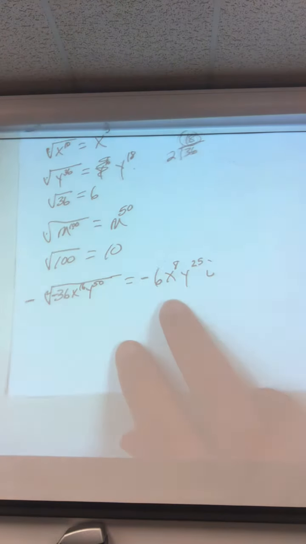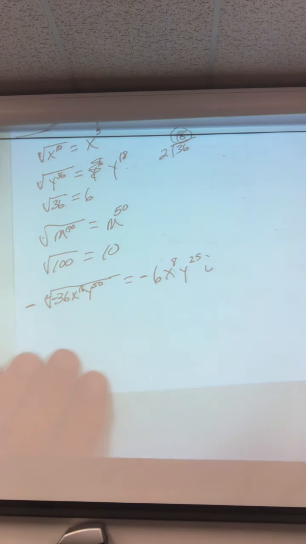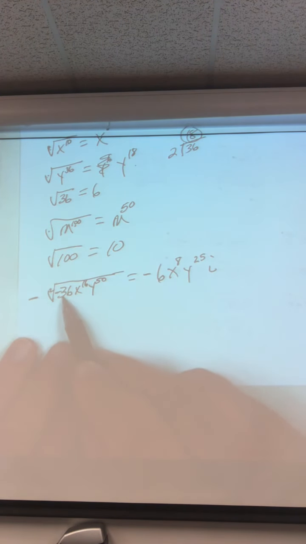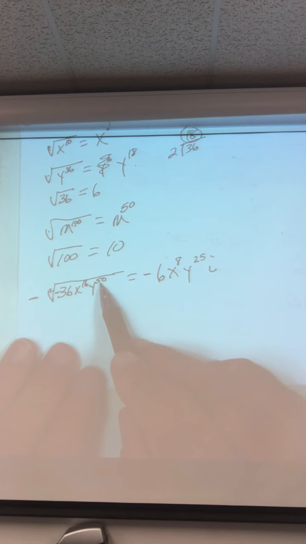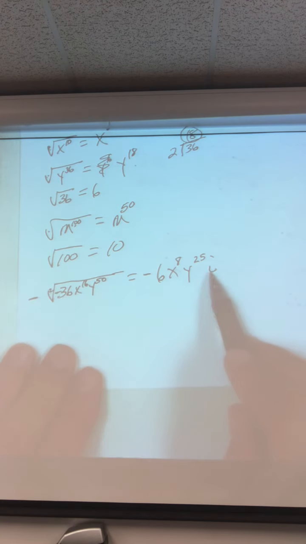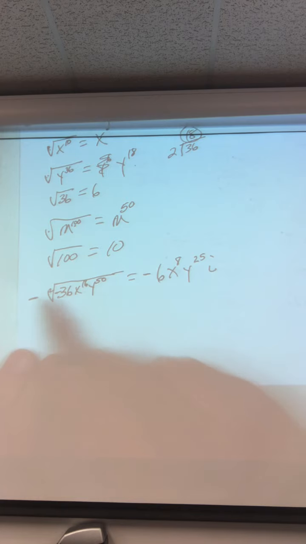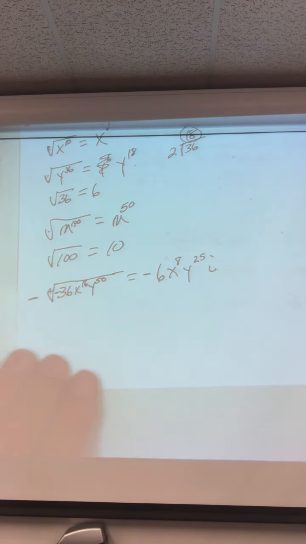So here's this problem. I did square root of 36, which is 6. Then 2 goes into 16, 8. 2 goes into 50, 25. If there's a negative under here, you're going to have an i. And if there's a negative out front, you put the negative out front there.